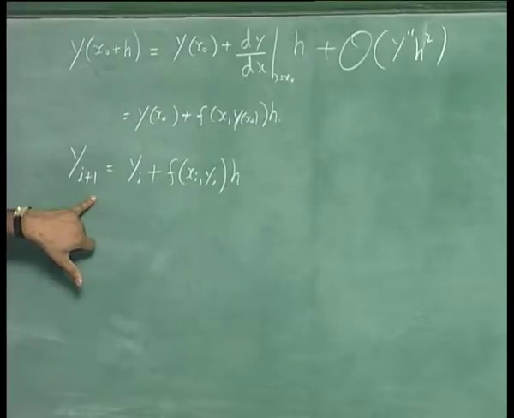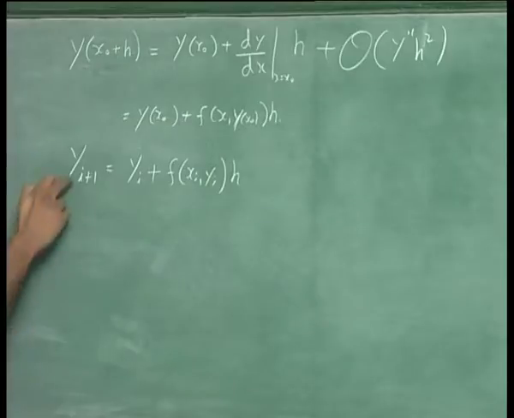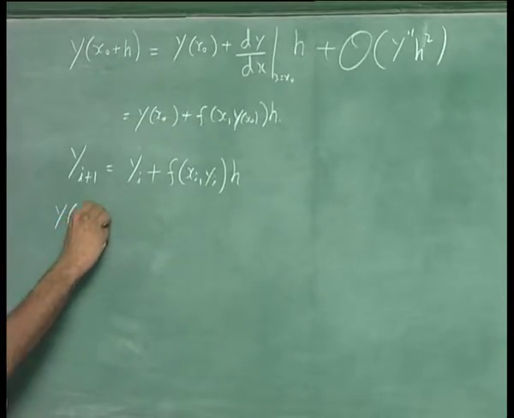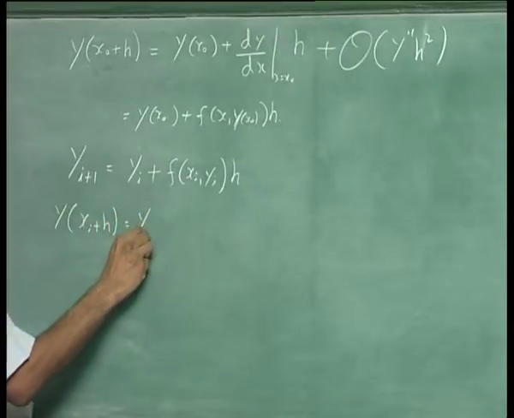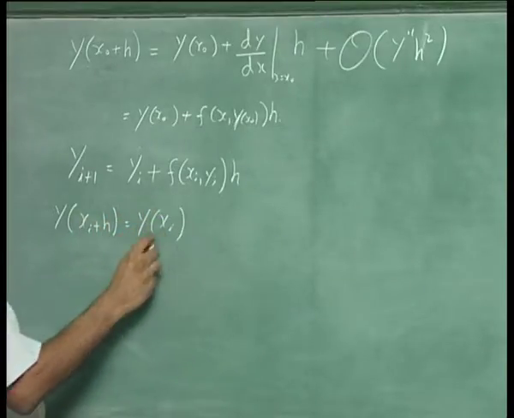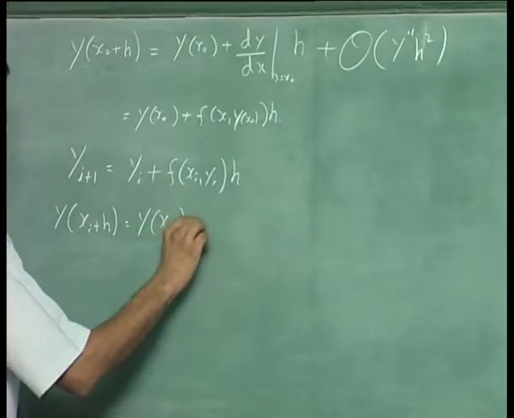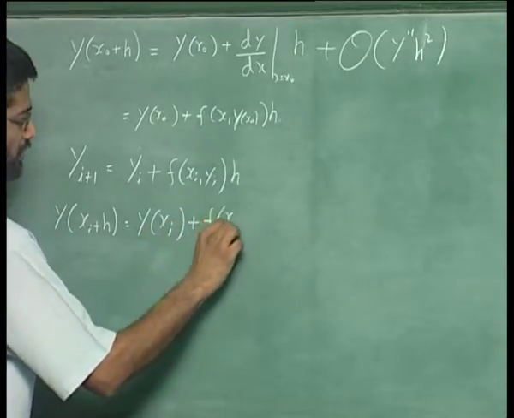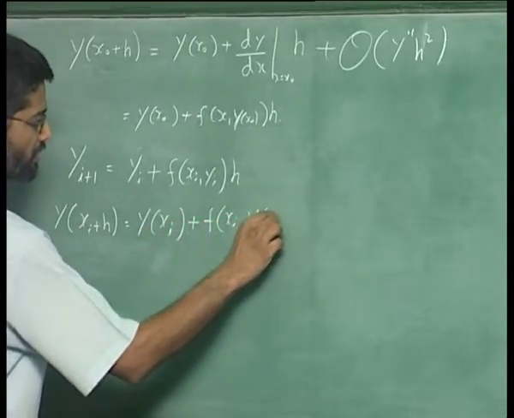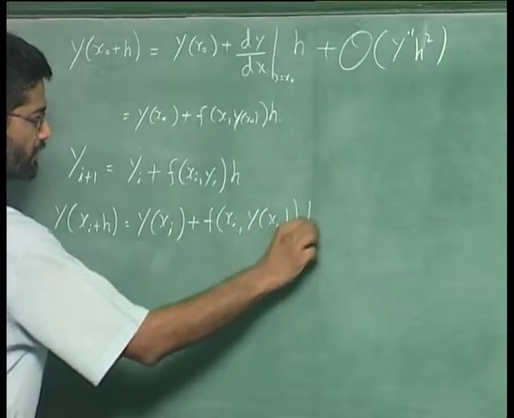Let me write this again. This is the same as writing y at xi plus h equal to y at xi plus f of xi, y at xi times h.